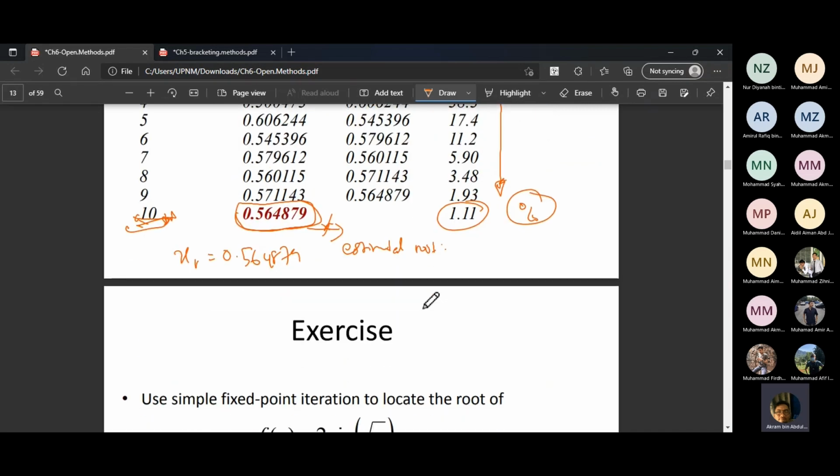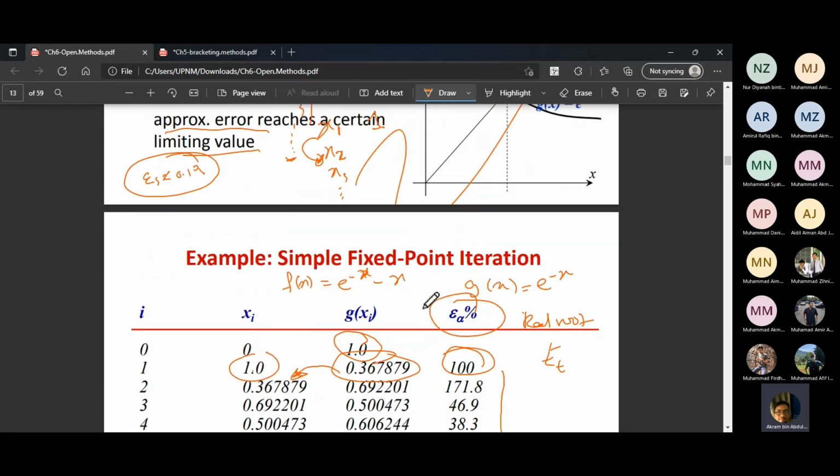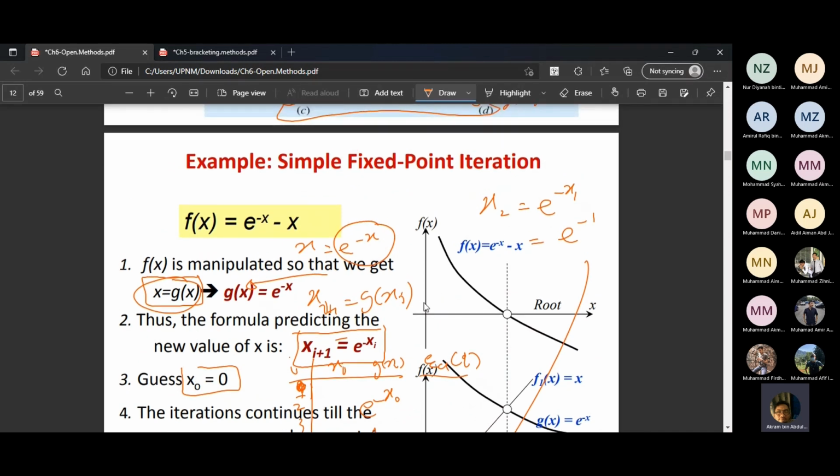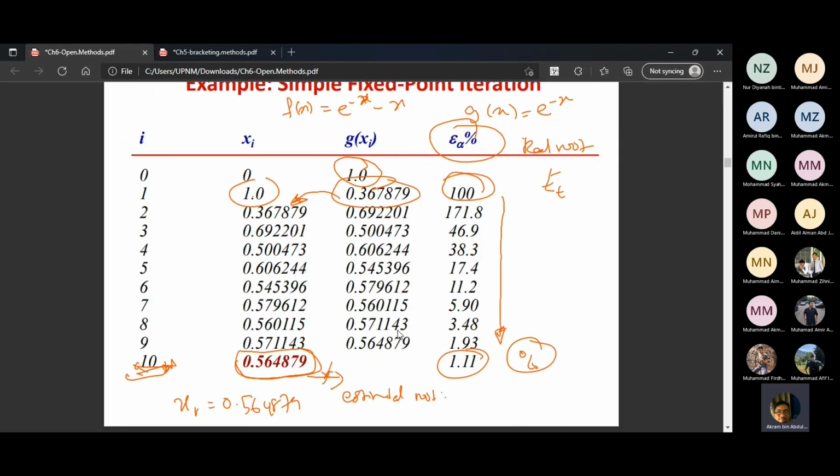Do you have any questions? It is very simple. Just use the given equation, rewrite it into this form, and then use the equation to complete this table. So usually for fixed point iteration, we will find the value of xi, the value of g(xi), and the epsilon a value.